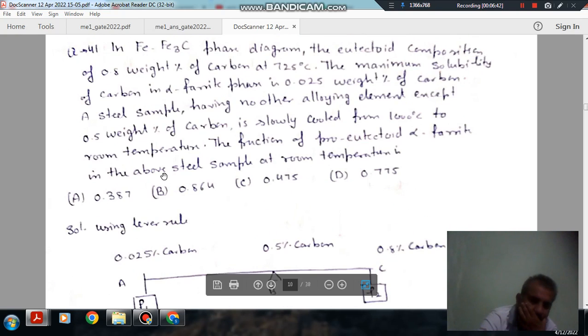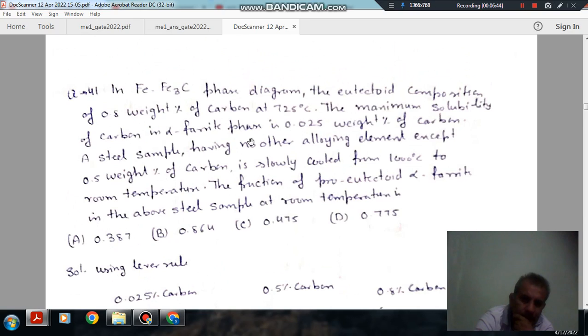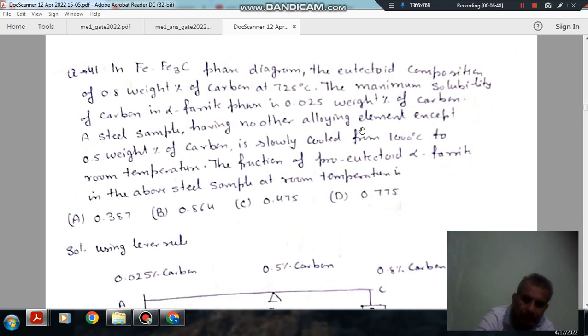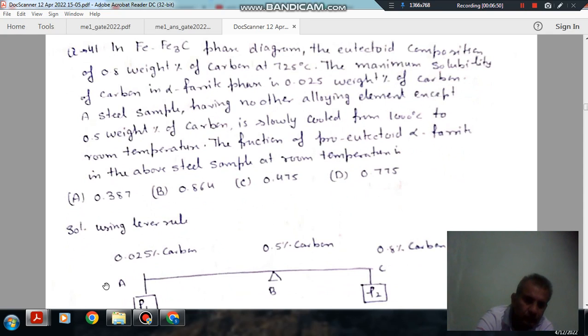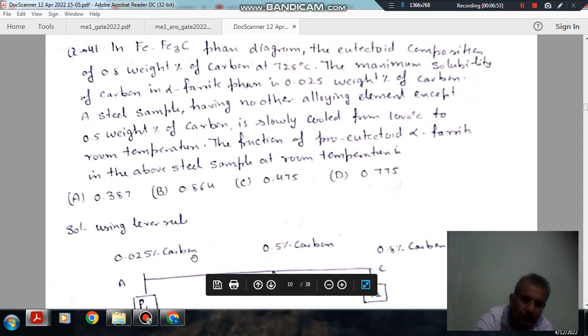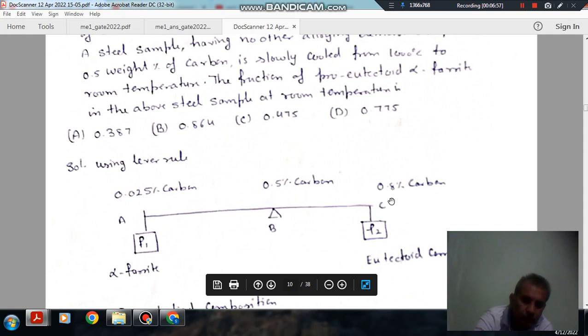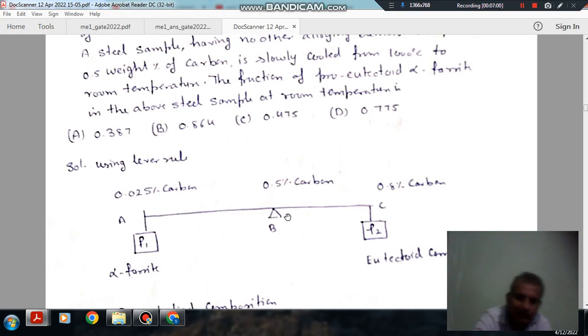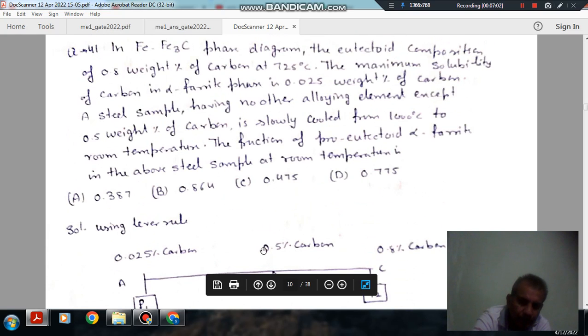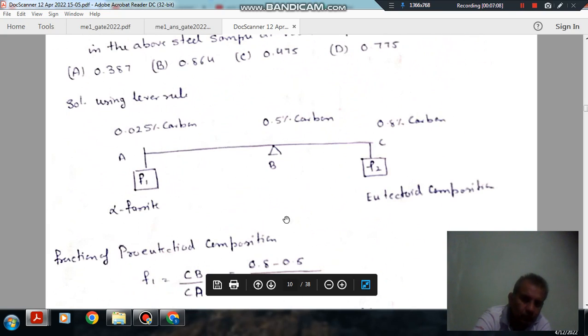So the alpha ferrite composition is given as 0.025 weight percent. The first composition is this, and the other composition is the eutectoid composition. Now we have to find the fraction of proeutectoid alpha in this 0.5% carbon sample.